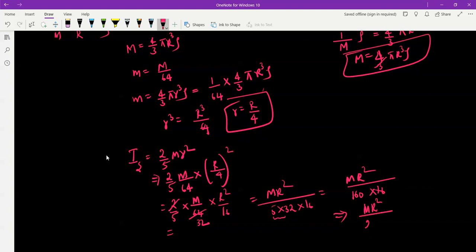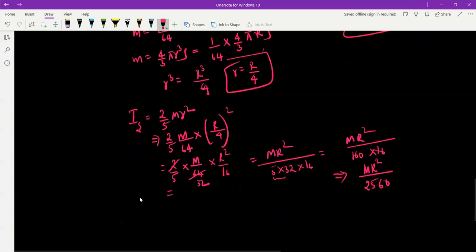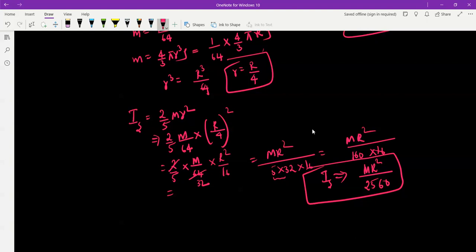MR square divided by 2560. So that is the moment of inertia of a smaller sphere is equal to MR square by 2560. One second.